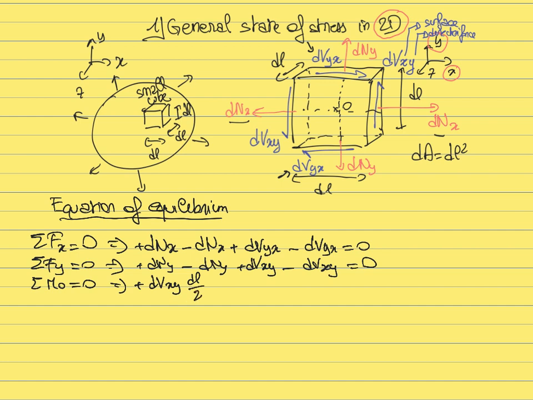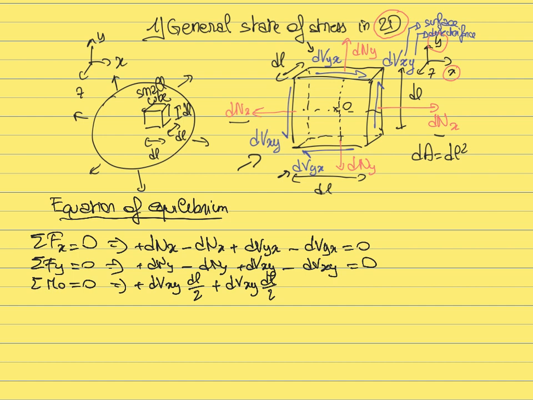So that's the contribution of the moment coming from the shear force on the right. Then let's write the moment coming from the shear force on the left. Same thing, this dVxy, the shear force on the left that is going downwards, is also going to create a positive moment that tends to make the body rotate anti-clockwise about the point O. So it's going to be a positive projection. The moment is going to be dVxy, the intensity of the force, times the arm of the force, dl over 2.